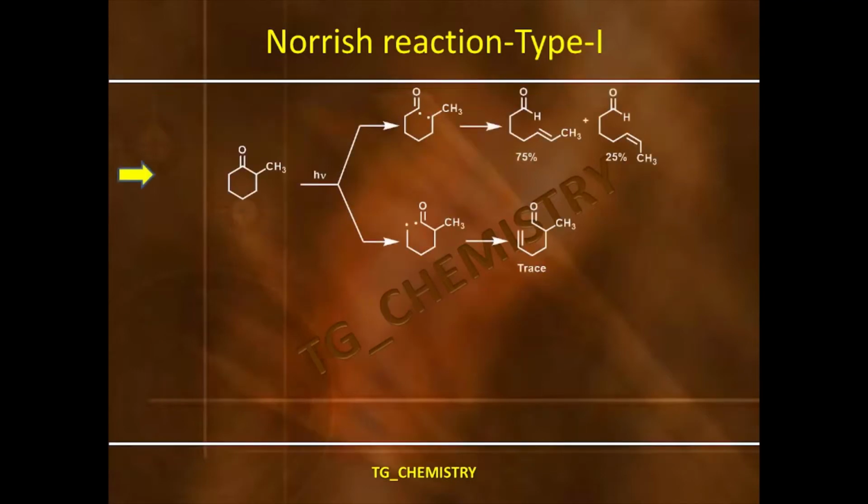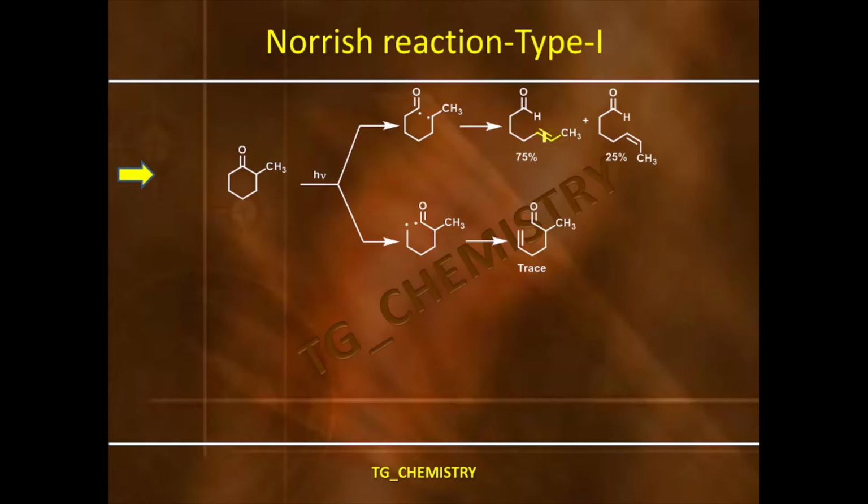If the substrate is cyclohexanone with only one methyl substitution at the alpha position, upon direct photoirradiation, these are the paths of forming different products. You can see that the alpha scission can proceed in either direction. If it proceeds at the carbon where the methyl group is attached, that will eventually lead to a more stable radical system, and this radical system can yield the more substituted double bond.